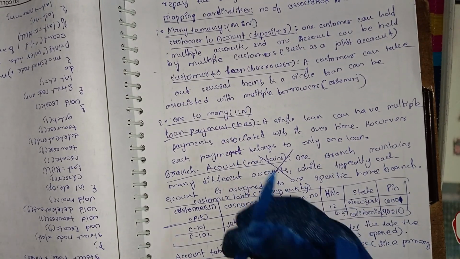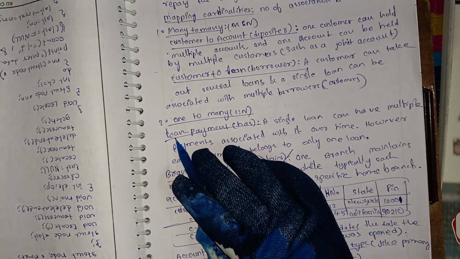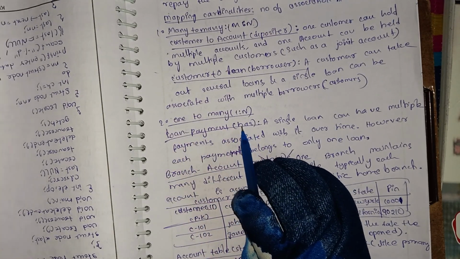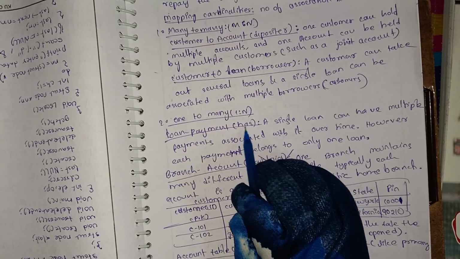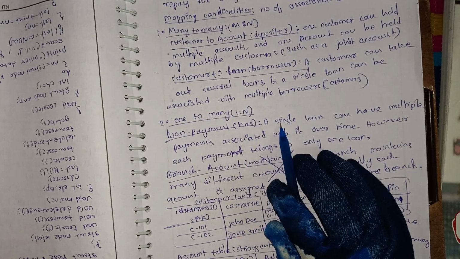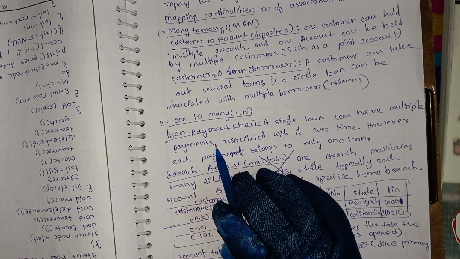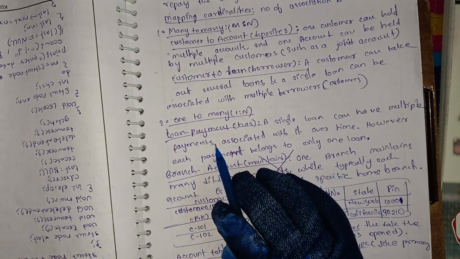And then one to many. This is between the loan and payment entities. The relationship is has. A single loan can have multiple payments.